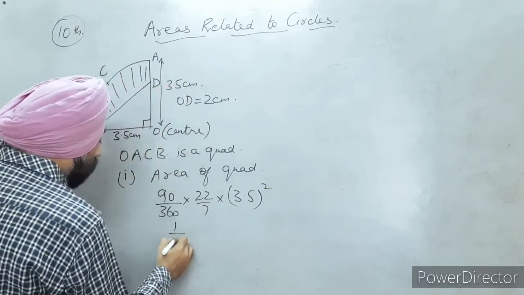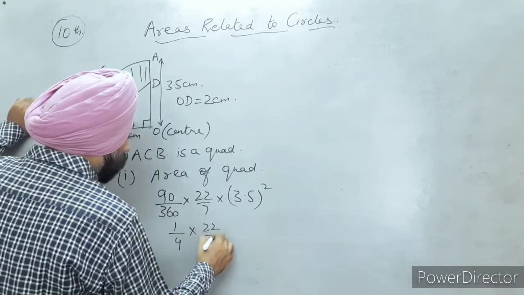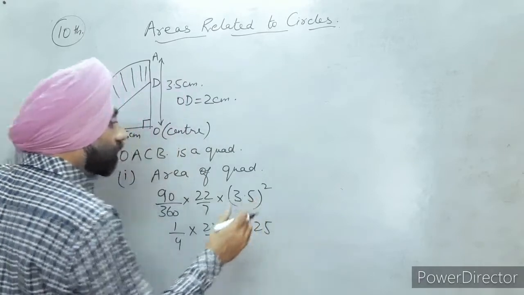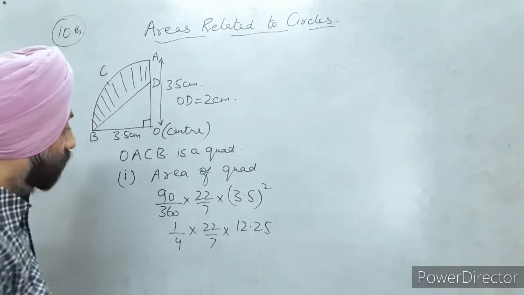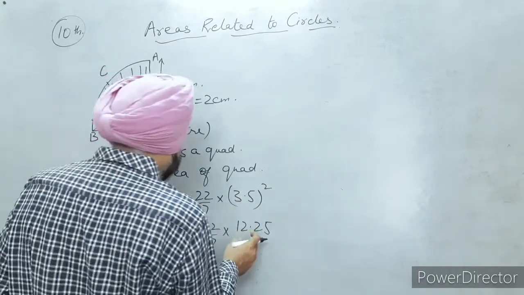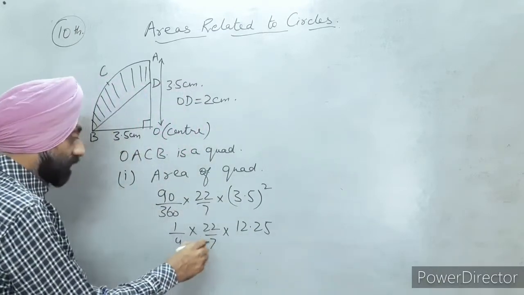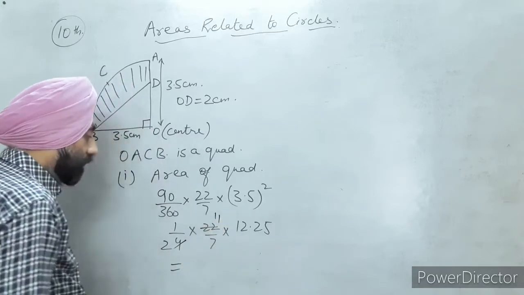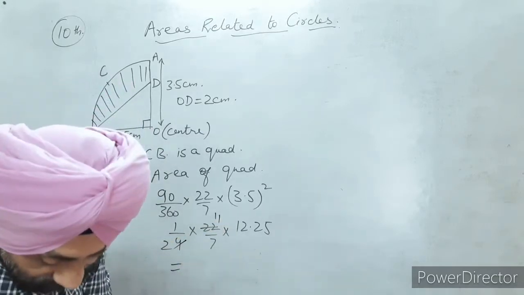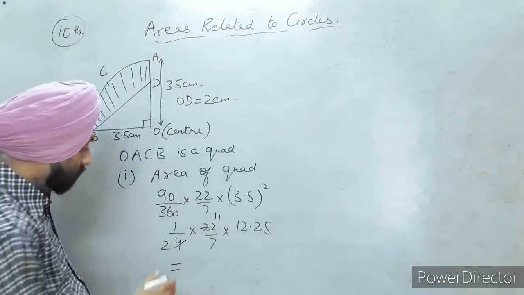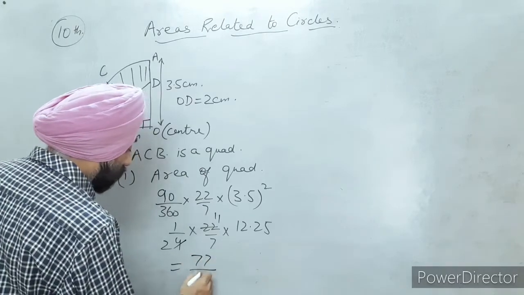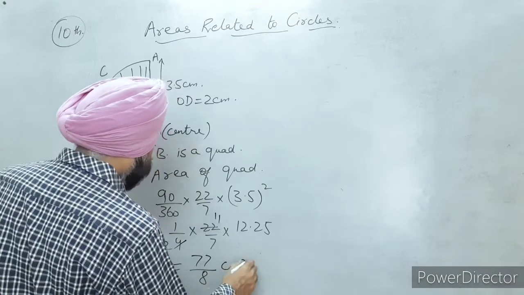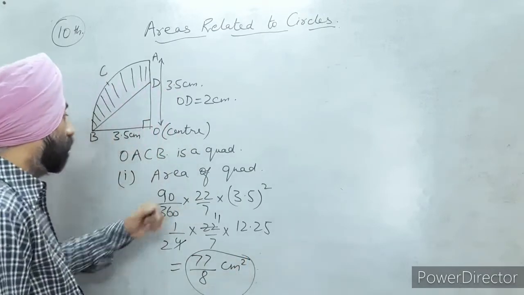That is 1 by 4, 22 by 7 into 12.25. 35 into 35 is 1225, so a decimal is there. When we solve this, we get the answer as 77 by 8 centimeter square. This is the area of the quadrant.